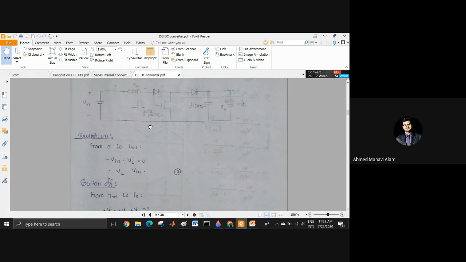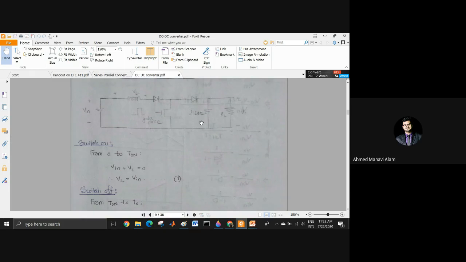Then when the switch is off, it is an open circuit. This part is gone. Look at my mouse cursor: the whole circuit is here, here, here, here. Previously, when the switch was closed, the circuit was up to this. As the switch is open now, it is gone, and the circuit is like this.